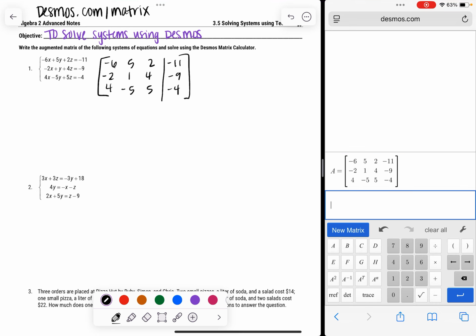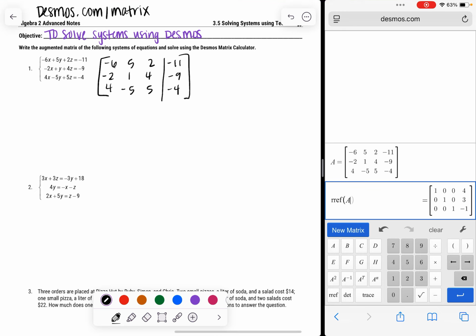Once my calculator has recognized this as matrix A, I can do this RREF function in the bottom left-hand corner. That stands for reduced row echelon form. So it is going to take Gaussian elimination even further.